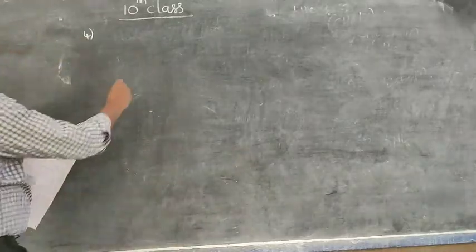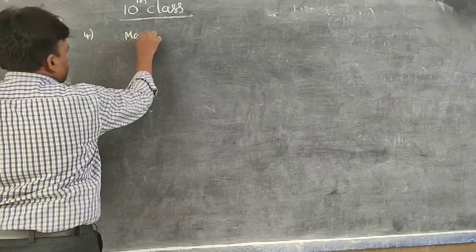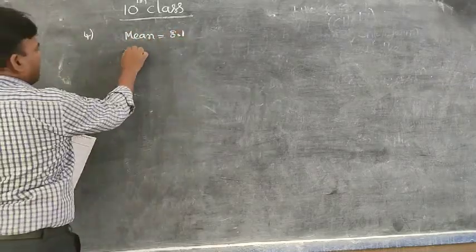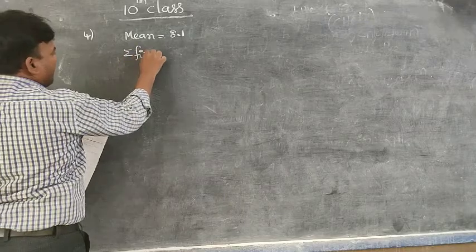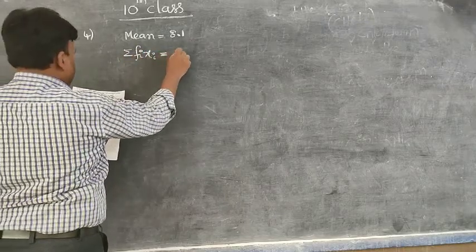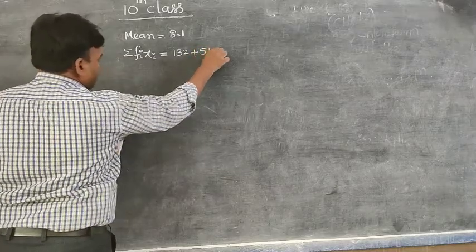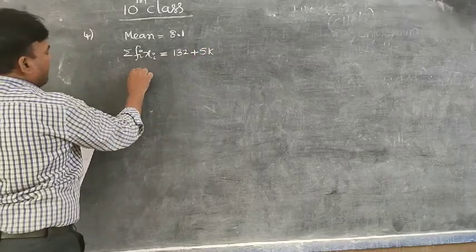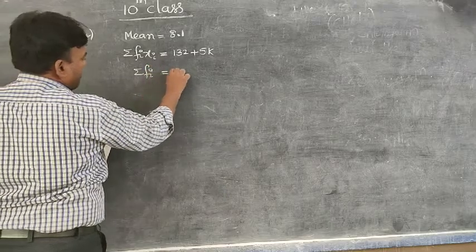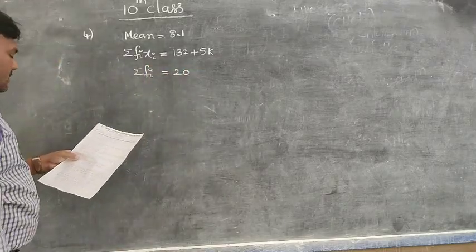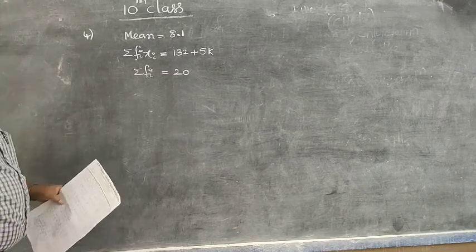What they have given, observe: mean equals 8.1, and summation fi xi also given: 132 plus 5k. Next, summation fi equals 20. Then find the value of k.